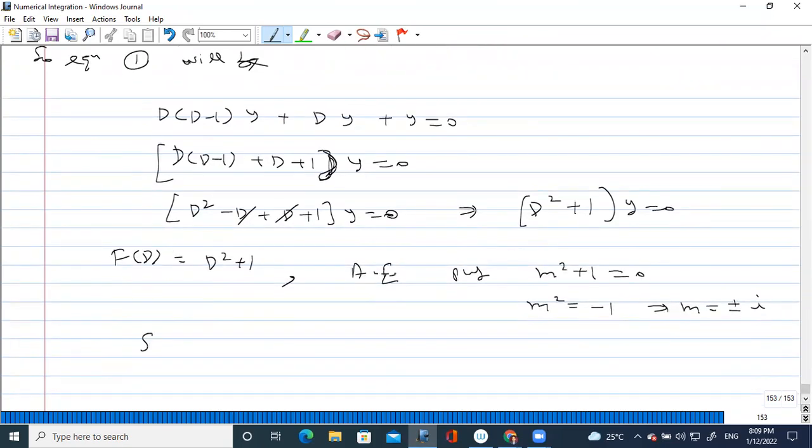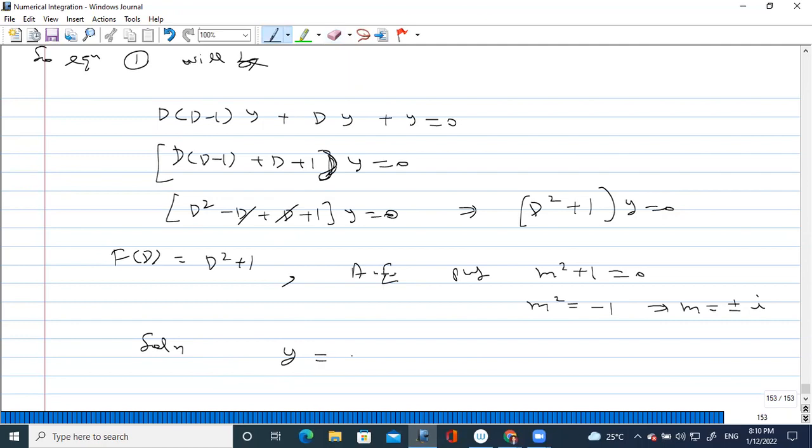So the solution will be in y only, but in place of x it is z. Understood? Because we have replaced x equal to e to the power z. So in place of x it is z now.